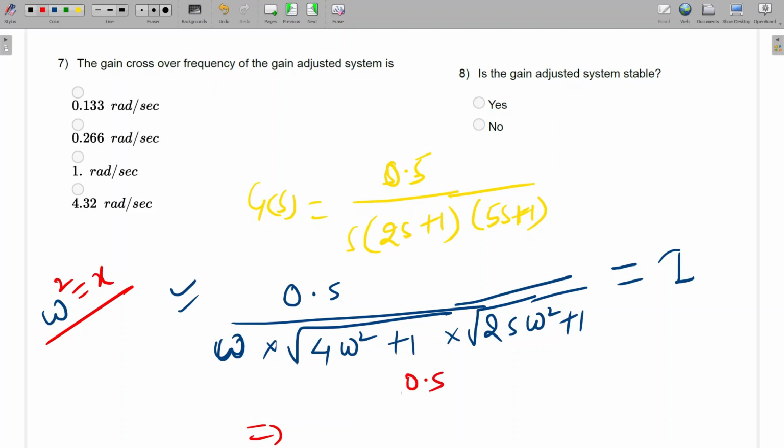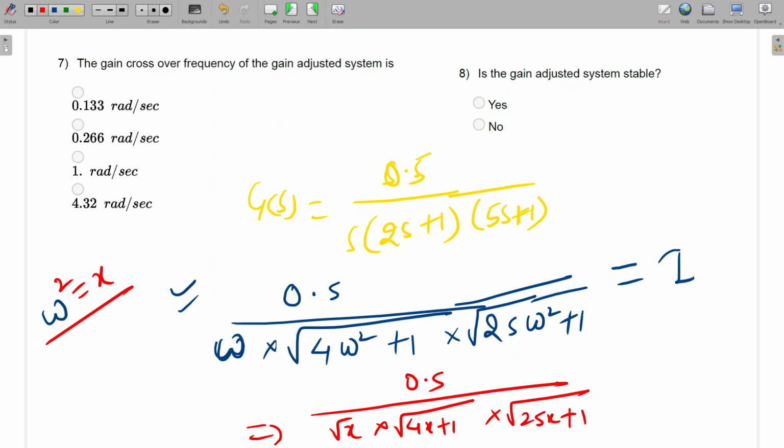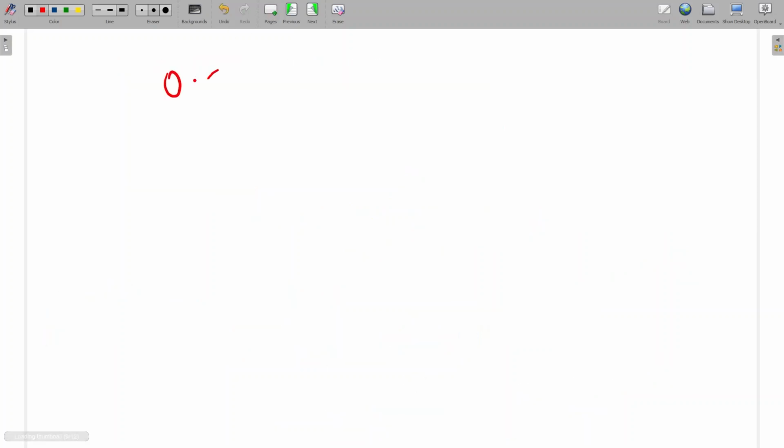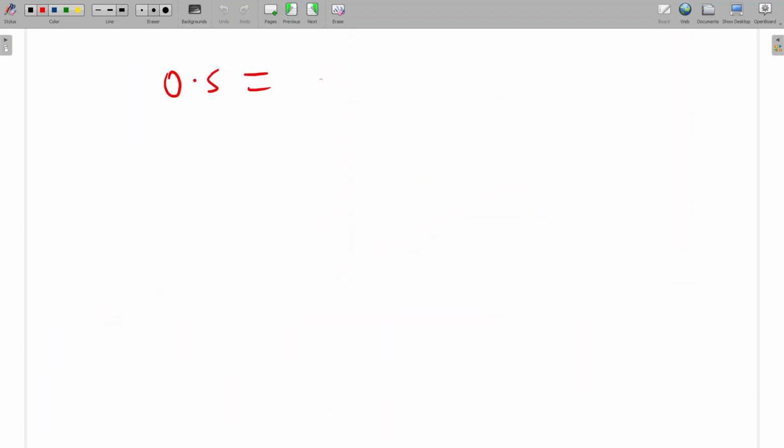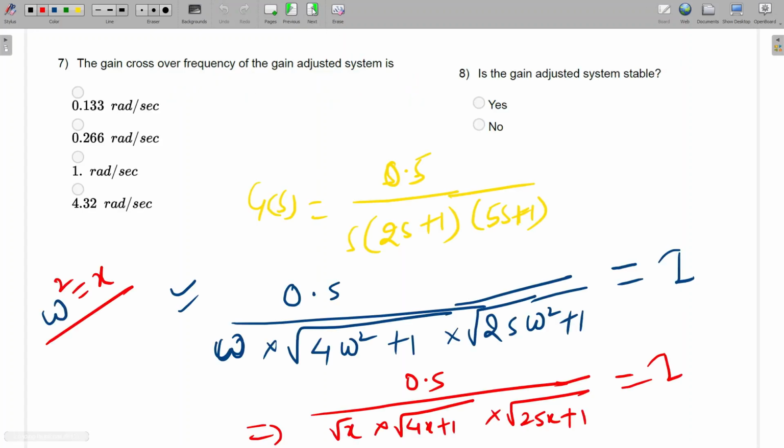So 0.5 divided by under root x into under root 4x plus 1 into under root 25x plus 1. This should be equal to 1. If we square both sides, then we can write the modified equation. So 0.5 square should be equal to x into (4x plus 1) into (25x plus 1).